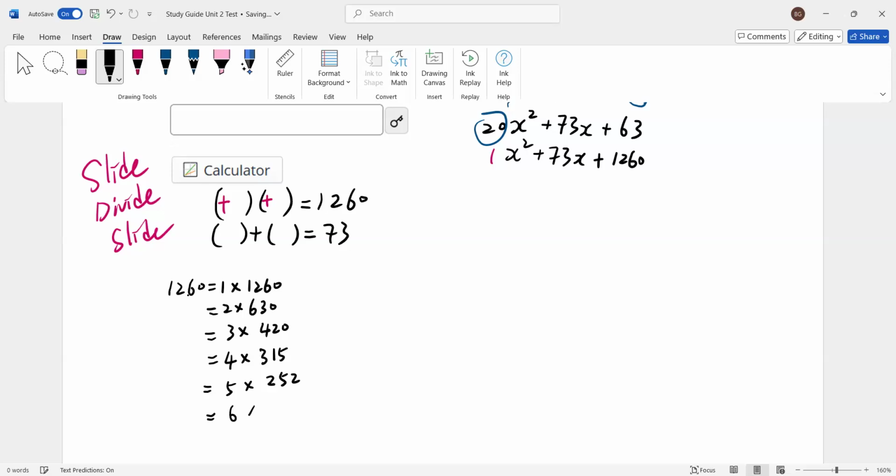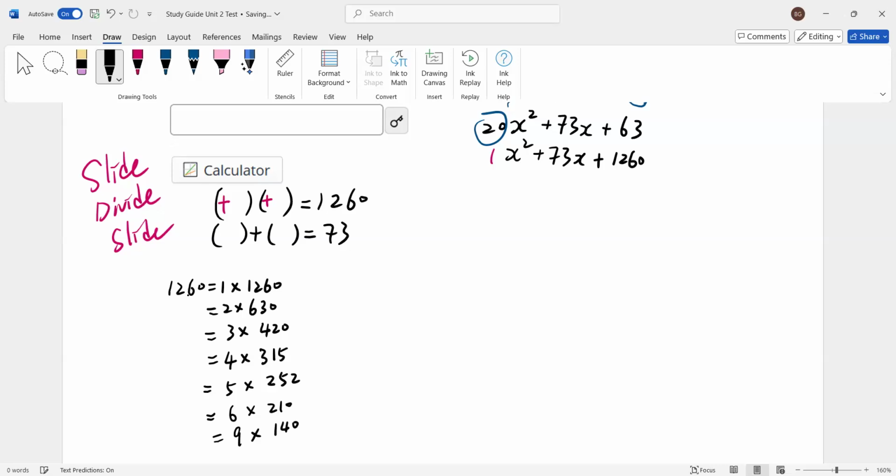You can also do 6. If you do 6, you have 210. You can do 8. No, you cannot do 8. You can do 9. If you do 9, you have 140.